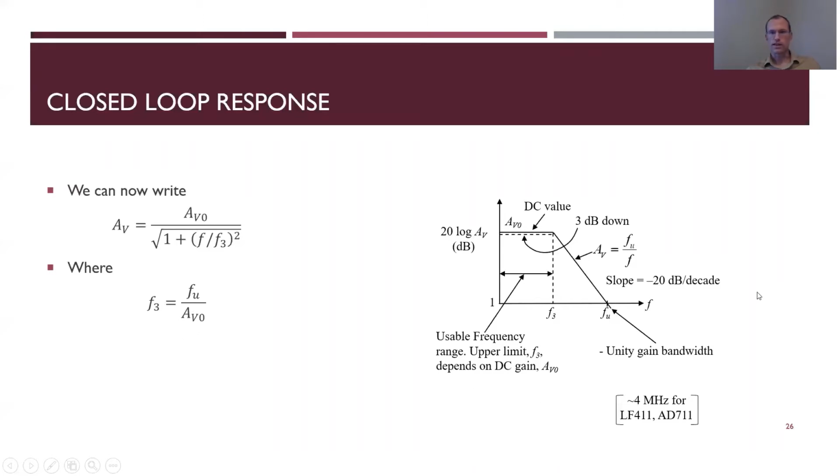In terms of what that actually looks like, I have some DC value, AV0, and then at F3, that's where this straight line kicks in. My gain starts to drop as FU over F, then gets down to the unity gain bandwidth, and anything beyond that is going to attenuate, getting less than 1.